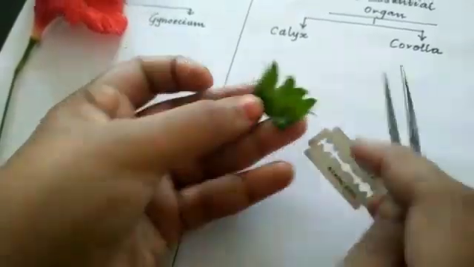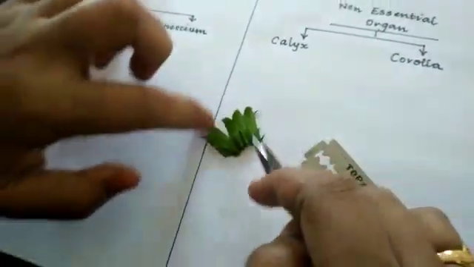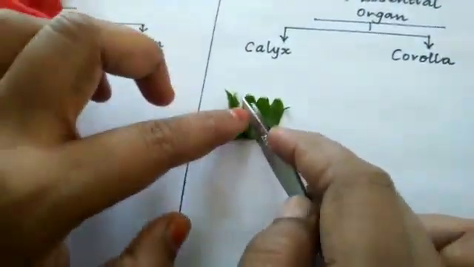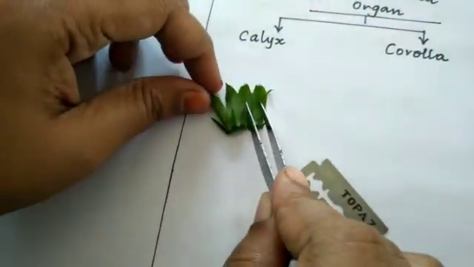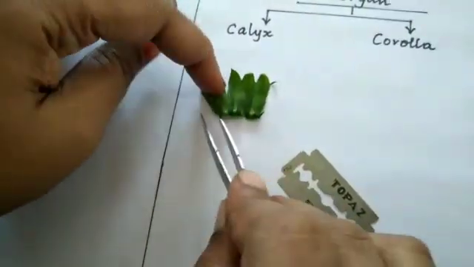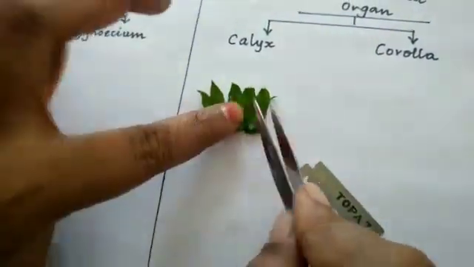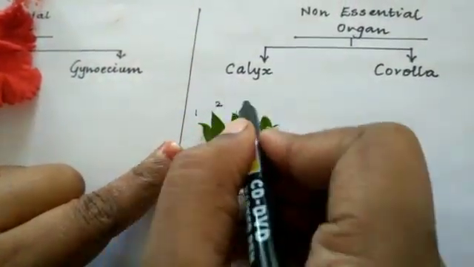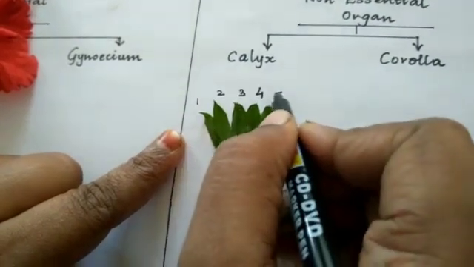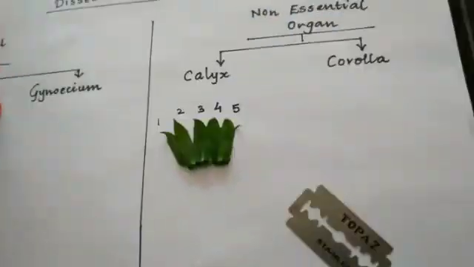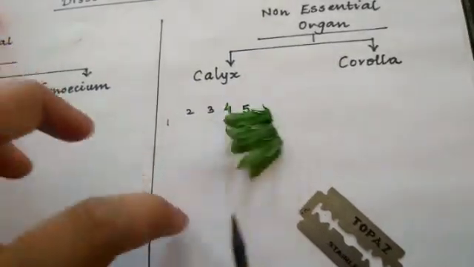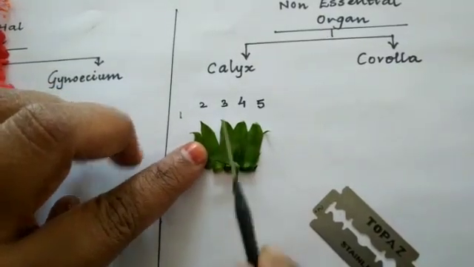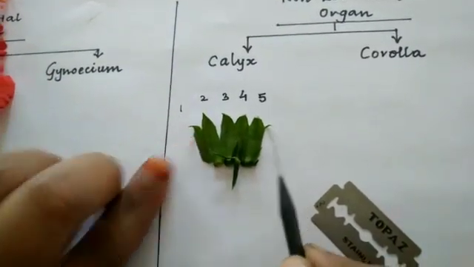The individual unit is called a sepal, and the whole organ is called the calyx. There are 5 sepals present, which are fused at the base, connected at the base, and separated at the tip portion.